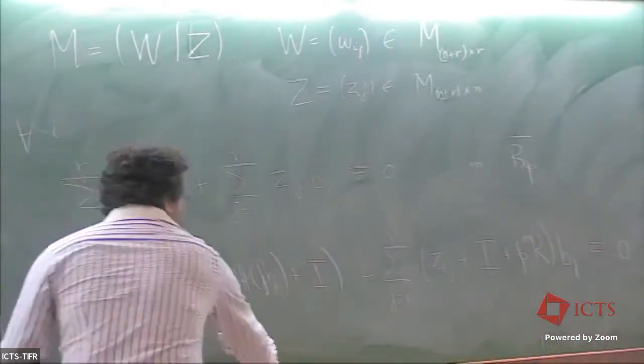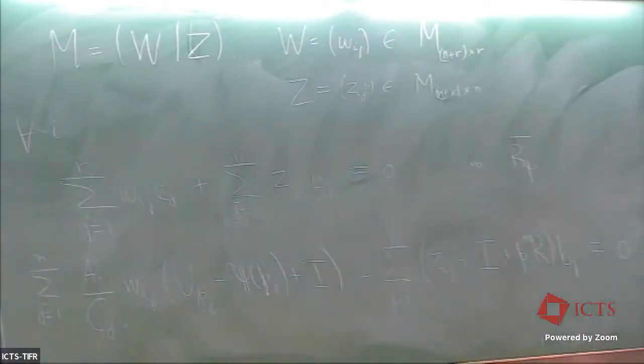So this will tell me that if I look at the following matrix, its determinant is 0.